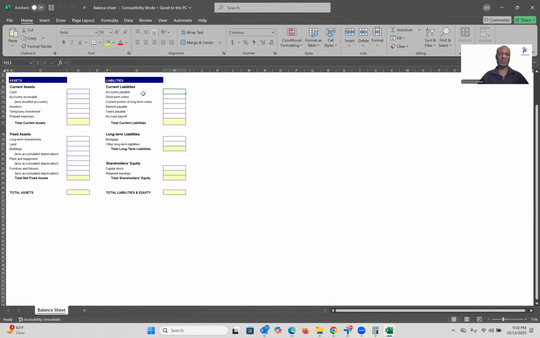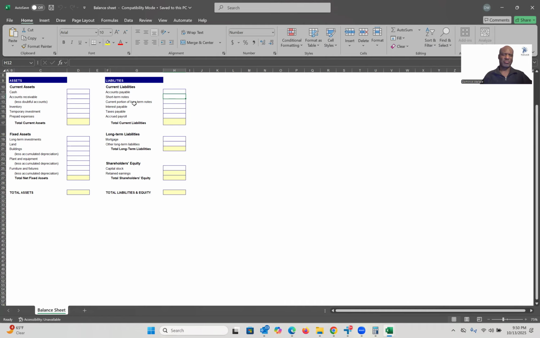And then you've got current liabilities. Assets are things that you own. Liabilities are things that you owe. For accounts receivable, this is money that people owe you. Accounts payable is when you owe someone else. And short-term notes, not necessarily like a mortgage or a long-term loan, but like net 30, maybe 30 days, 60 days, 90 days that you owe.